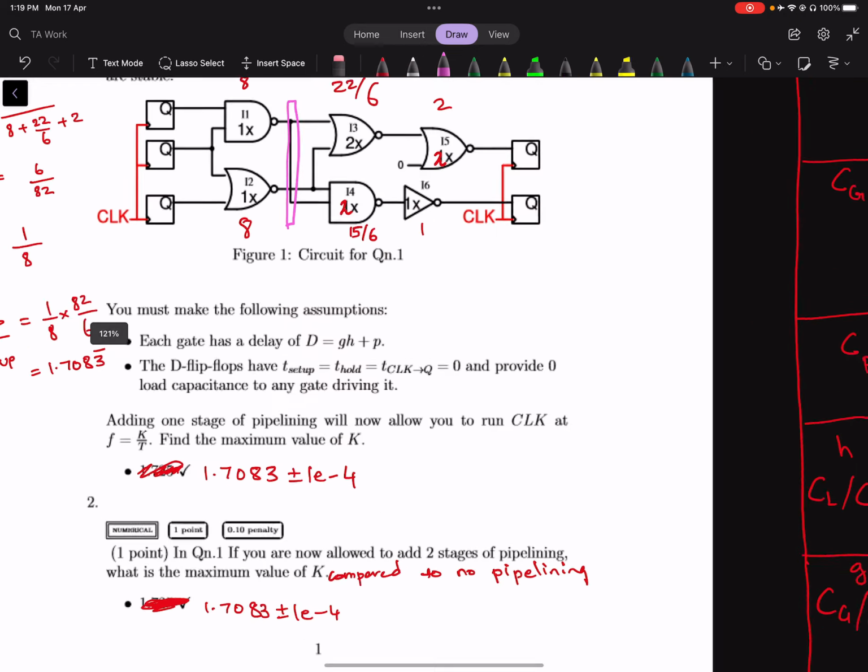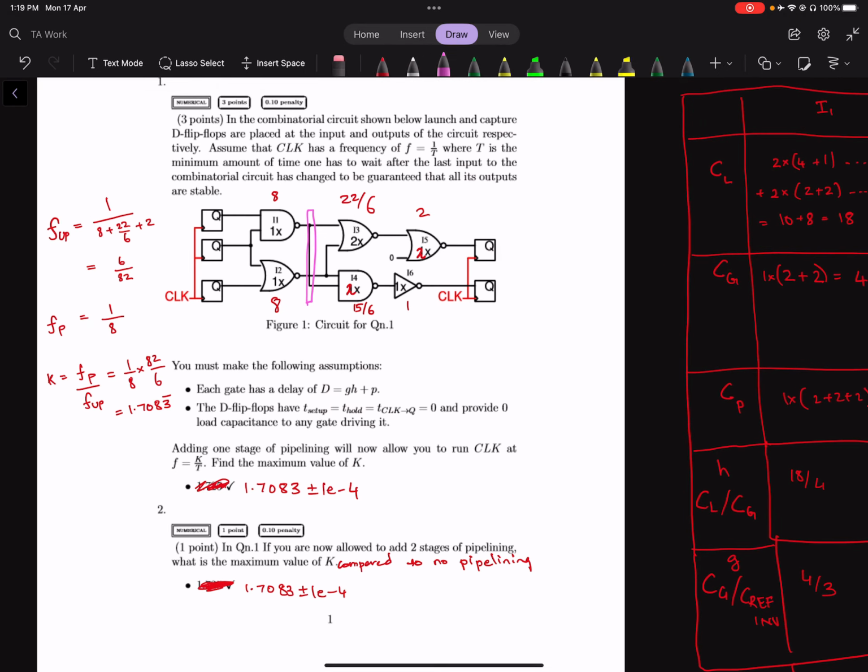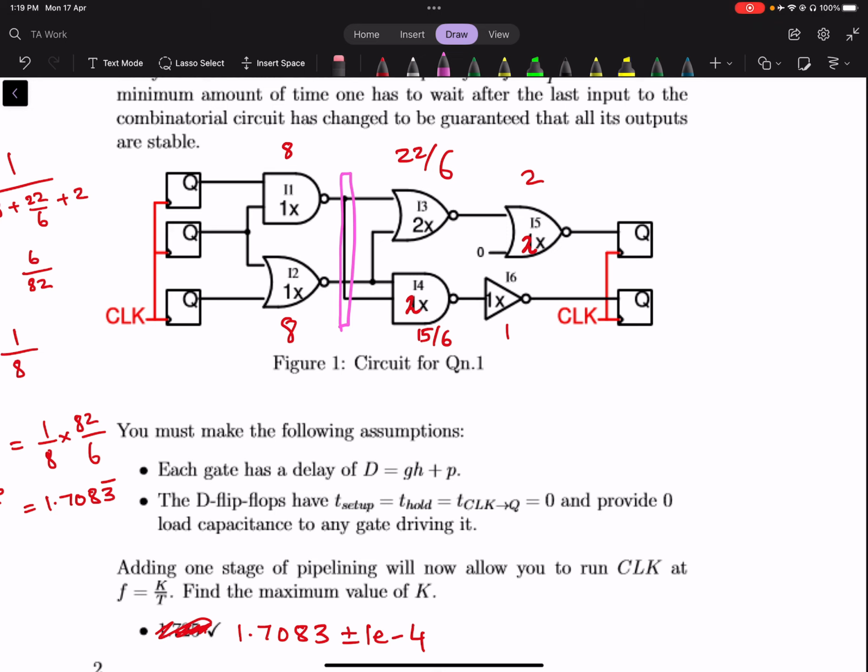So now I have basically annotated all those delays beside the gate here. For example, I2 has delay 8, I3 has 22 by 6, I4 has delay 15 by 6, I5 has delay 2, I6 has delay 1. These are all the D values.